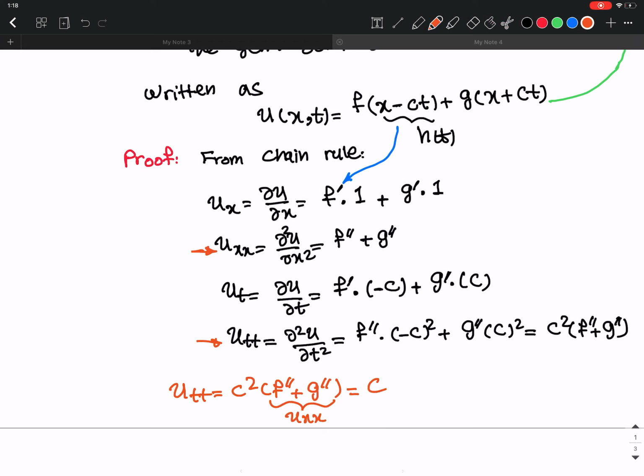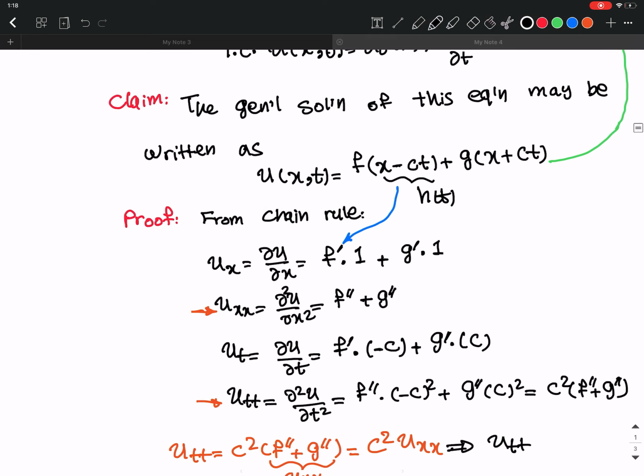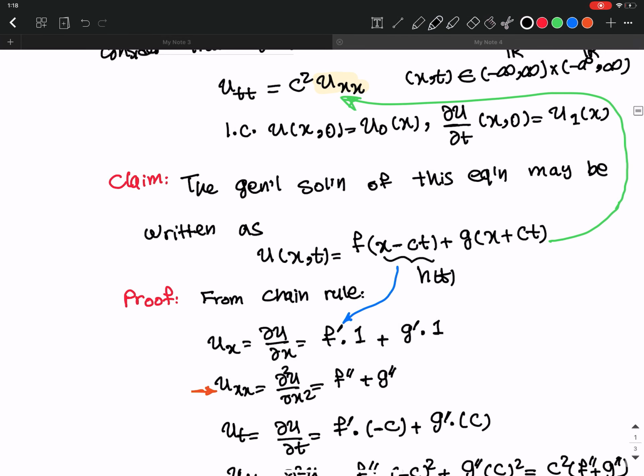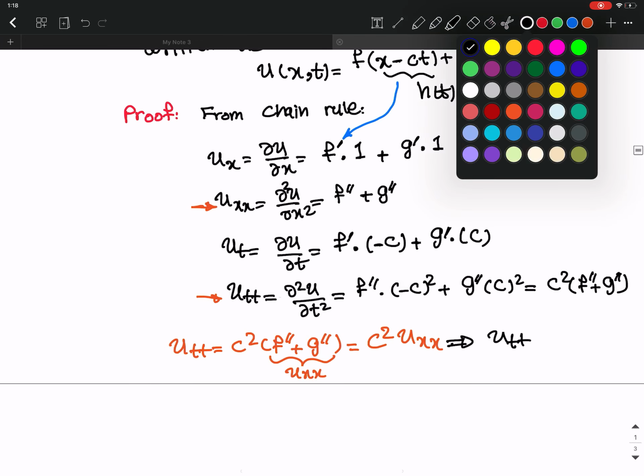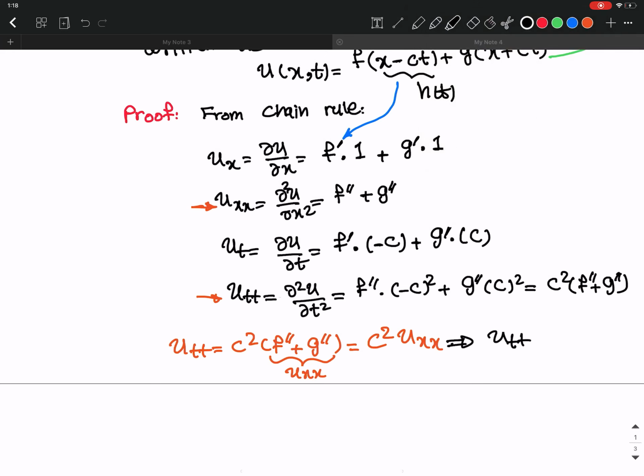So I can write it as c squared u_xx. This gives me the original equation that we had. So this is actually a correct solution. So this is a solution.